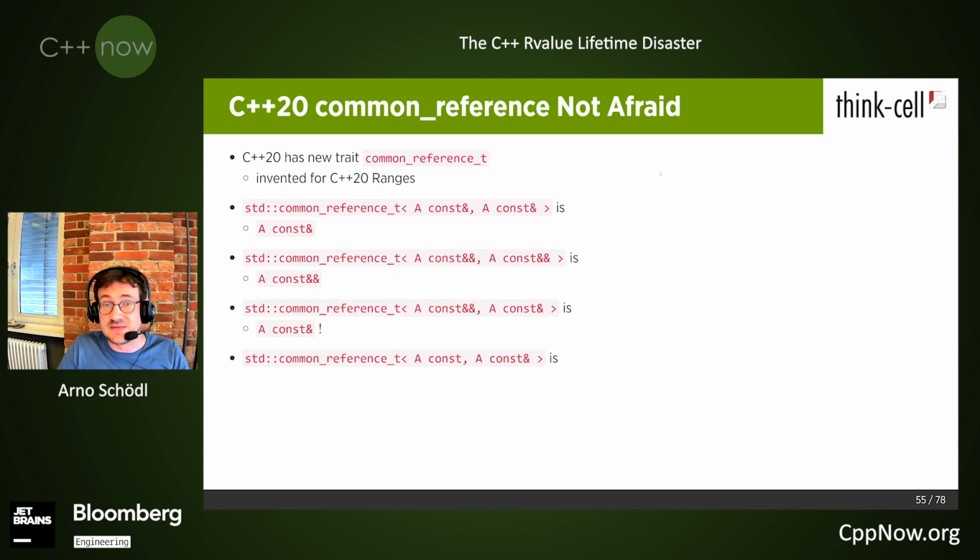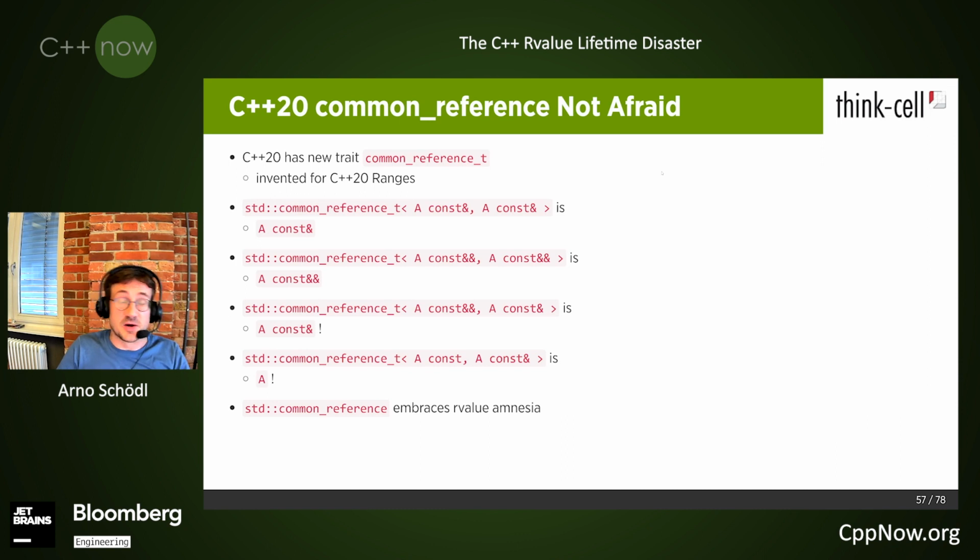But in the process, any value that's there is going to be returned as an rvalue reference. But in this case, actually, the common reference will say it's an A. So it will turn it into a value in that case.